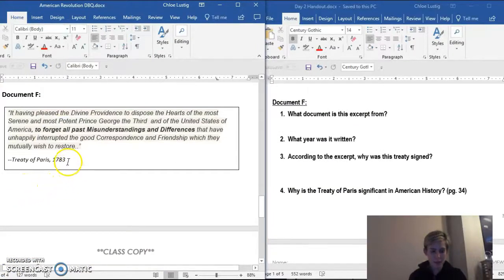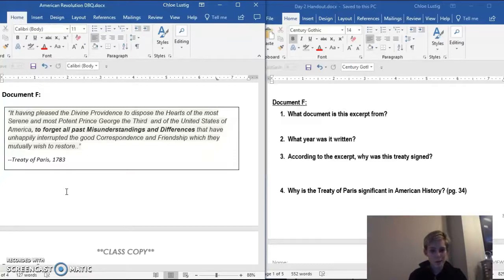Alright, Document F. I see this is a quote from the Treaty of Paris from 1783. Here's what it says. It having pleased the divine providence to dispose the hearts of the most serene and most potent Prince George III, that must be King George, right? And of the United States of America, to forget all past misunderstandings and differences that have unhappily interrupted the good correspondence and friendship which they mutually wish to restore.